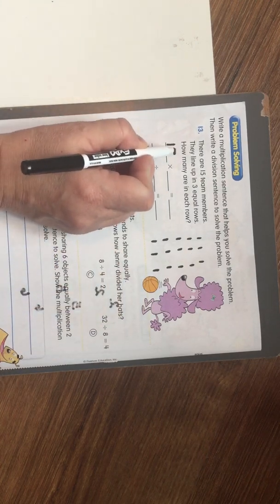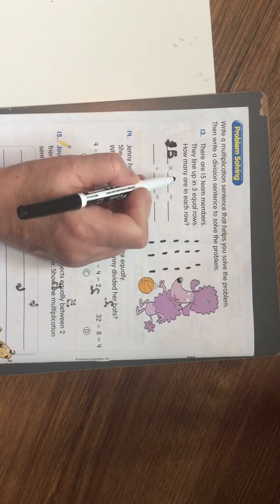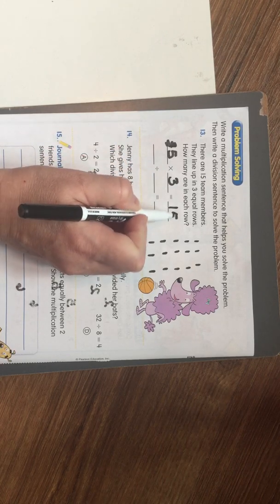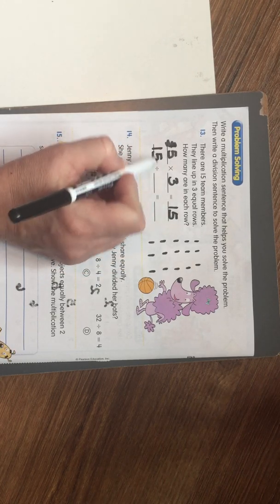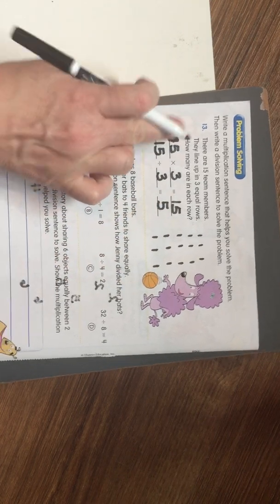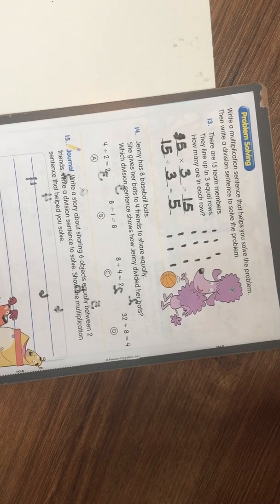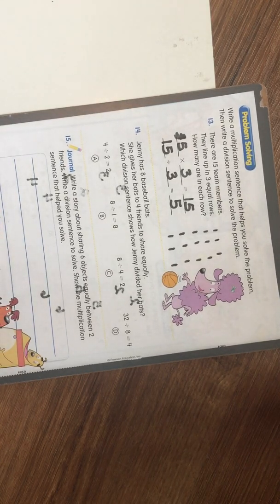I have 15, 3 rows. Sorry, that should be a 5. 5 times 3 is 15. 15 divided by 3 is 5.